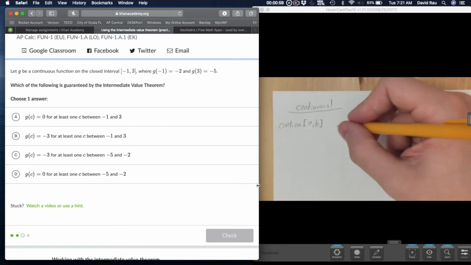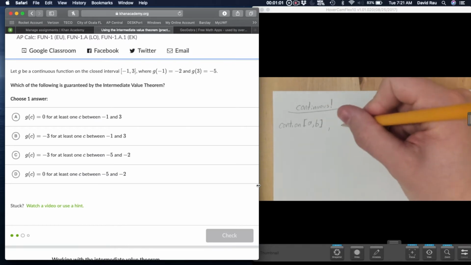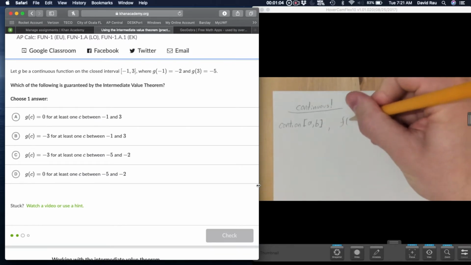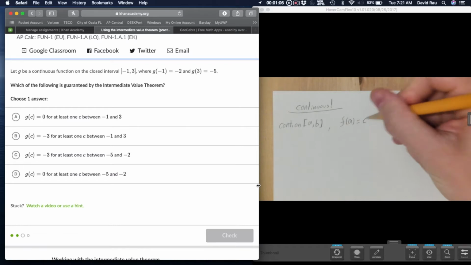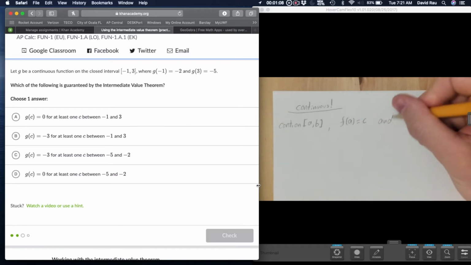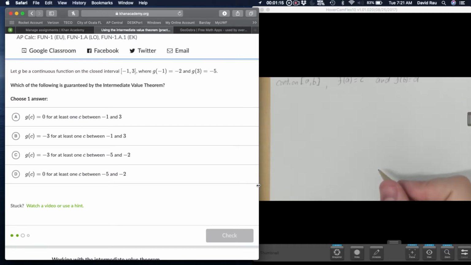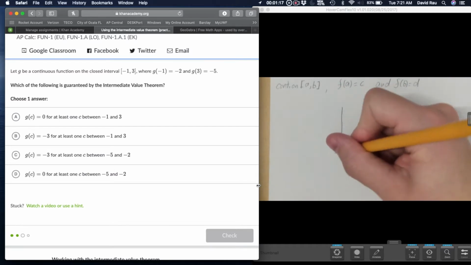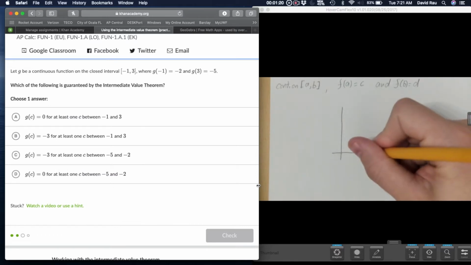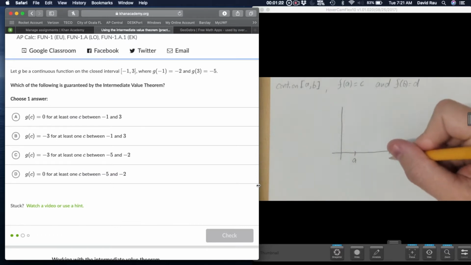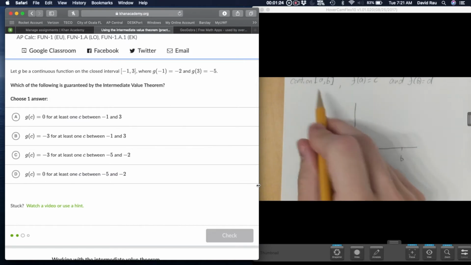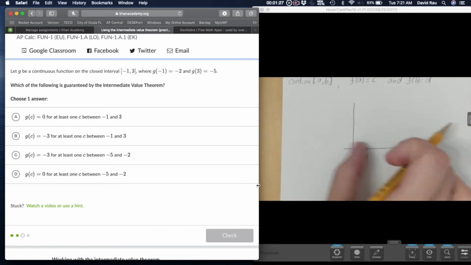So if you have a function that's continuous on a to b, and we'll draw this as a graph, let's say f of a is equal to c, and f of b is equal to d. All right, now let's draw a picture of this. I'm going to make a always smaller than b, because if you're talking about interval notation, a should be on the left. It doesn't really matter where these are on the x-axis.